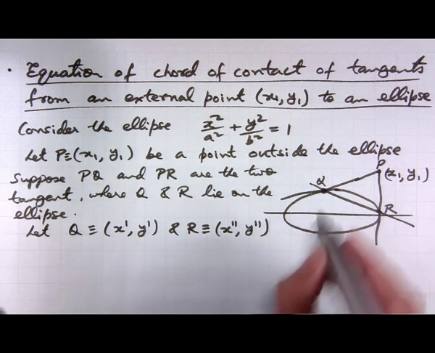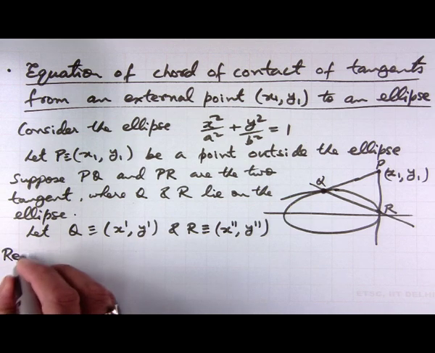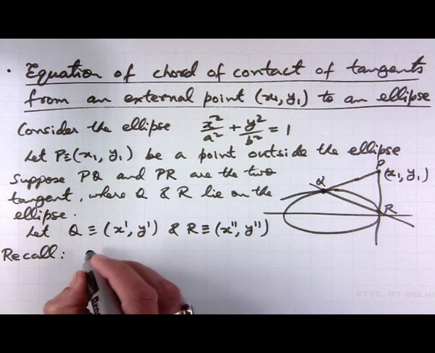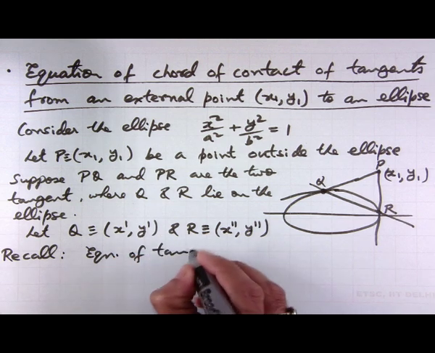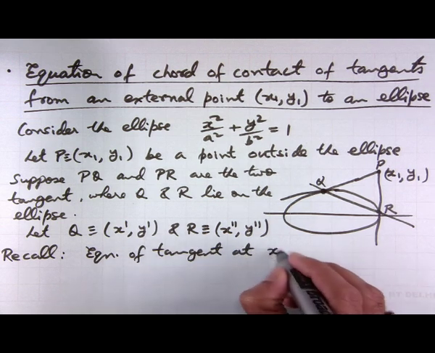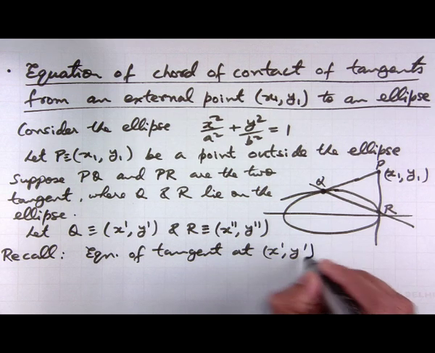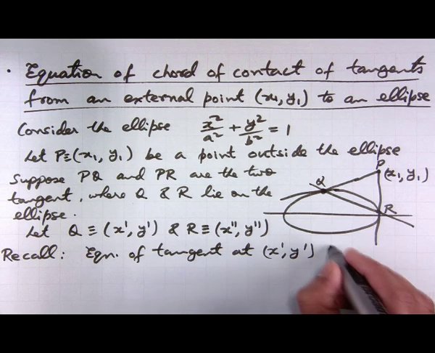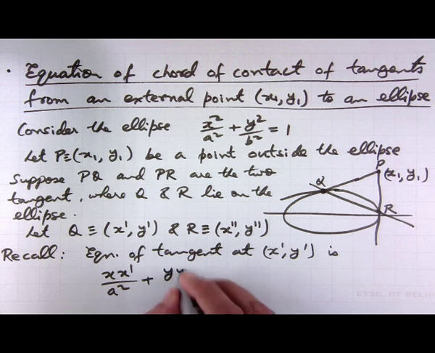Then, recall, the equation of tangent at some point x prime y prime is given by x prime x by a square plus y prime y by b square equal to 1.